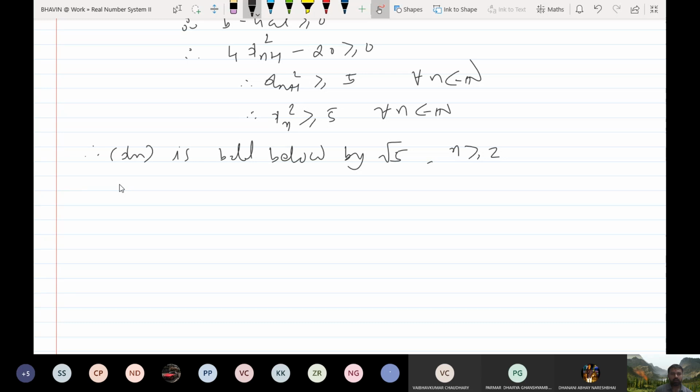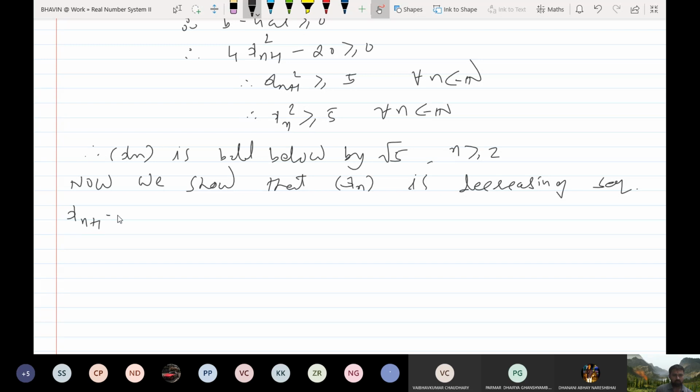So now in order to show that xn is decreasing, we should consider the difference xn plus 1 minus xn. So xn plus 1 minus xn. What is xn plus 1? It is (xn square plus 5) upon 2xn.